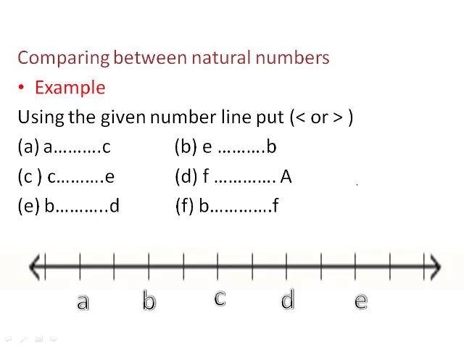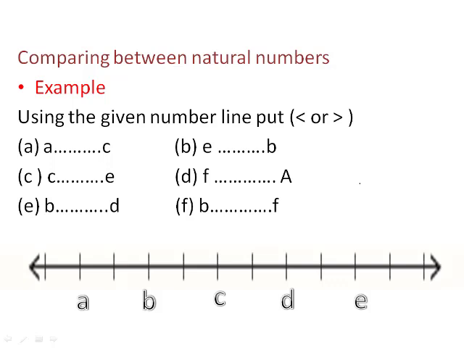Let's see this example, and this is a very important example. Let's compare any two numbers on the number line. And now we'll give these numbers symbols called A, B, C, D, E. Of course, the numbers come in order.